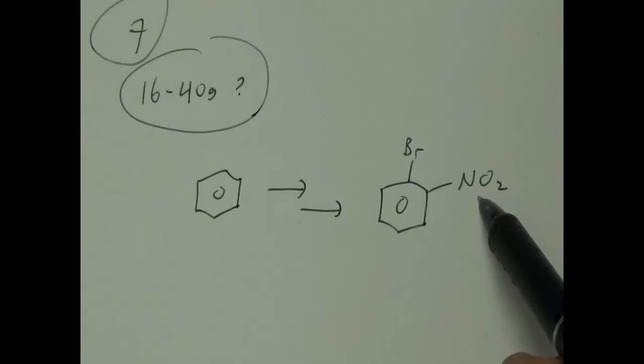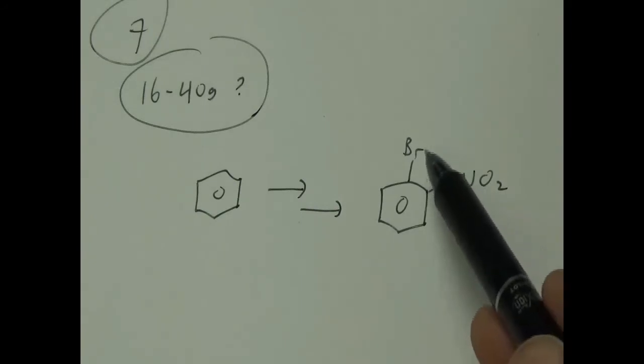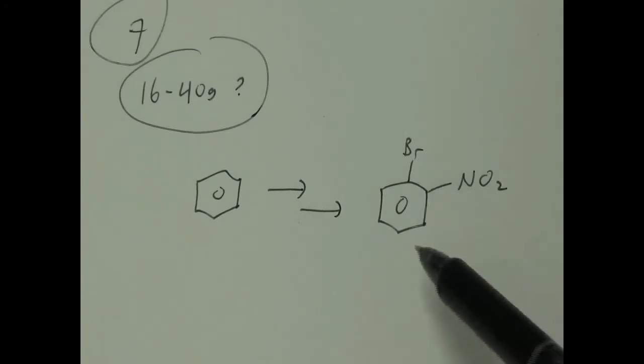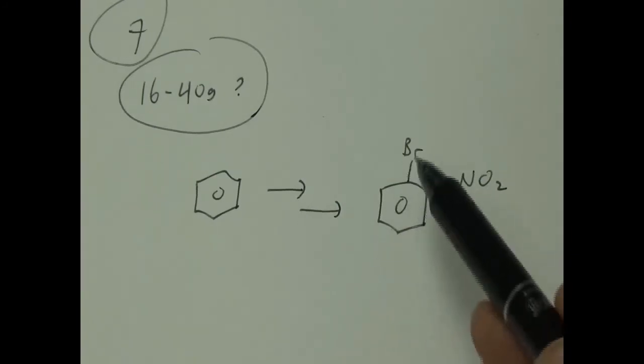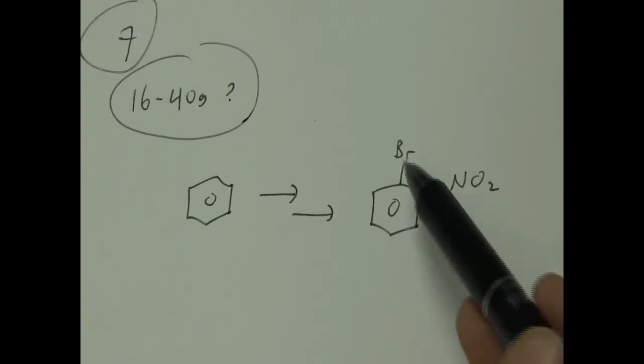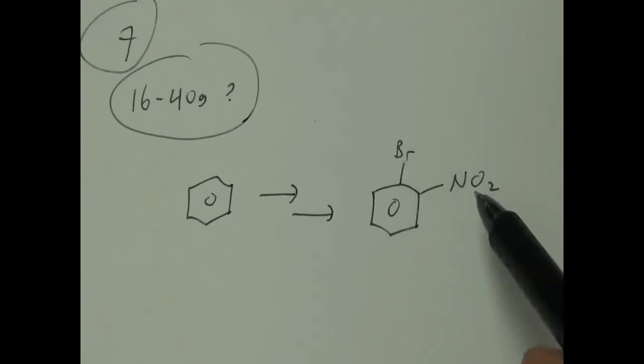So my suggestion is, since this is an ortho-para director, let's put on the bromine, block the para position, and then it's still an ortho-para director, and this is a meta director once it's blocked. And then with that, we can install the nitro, and we're done.